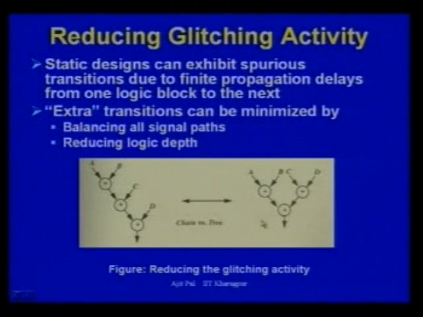Whenever you realize it in this balanced manner, the signals will reach here and here at the same time, so the glitching power will be reduced. That means instead of realizing in a chain manner, you realize it in the form of a tree. That will lead to a reduction in the glitching power. It will also reduce the delay, because the circuit is now balanced. Here you can see the path delay is 3, here the path delay is 2. So this will be very useful in low power applications.